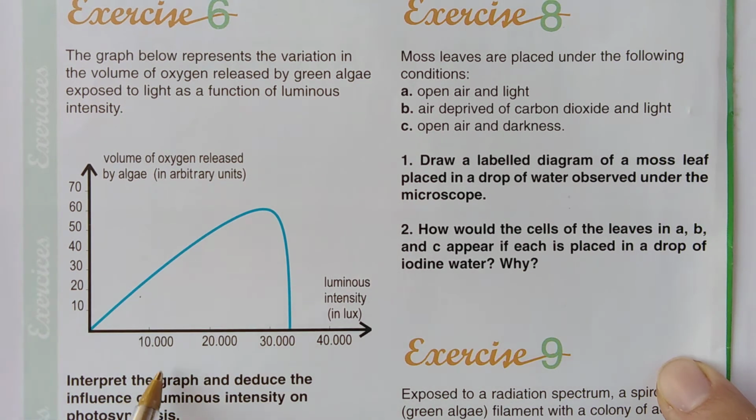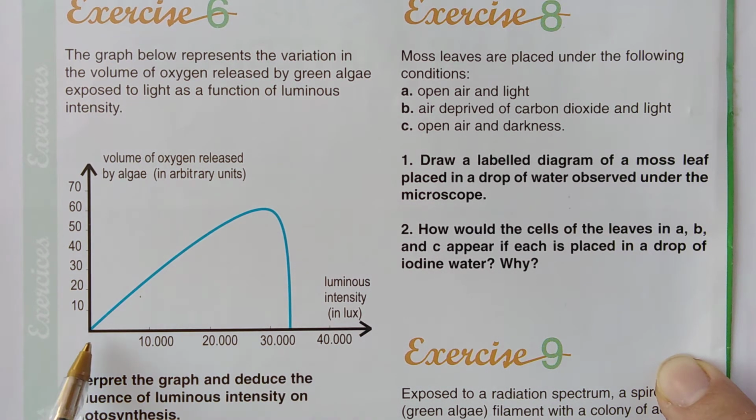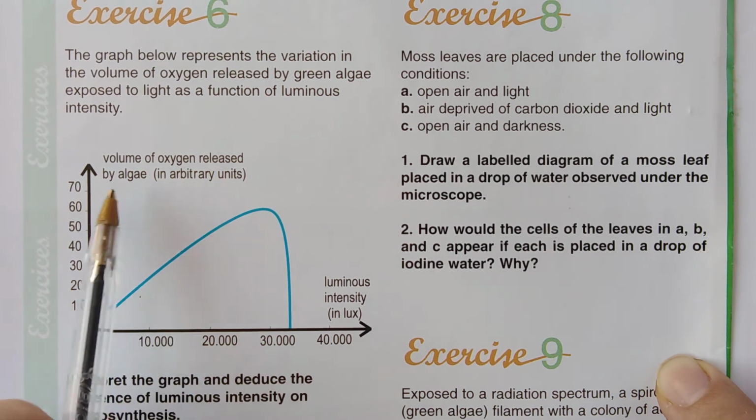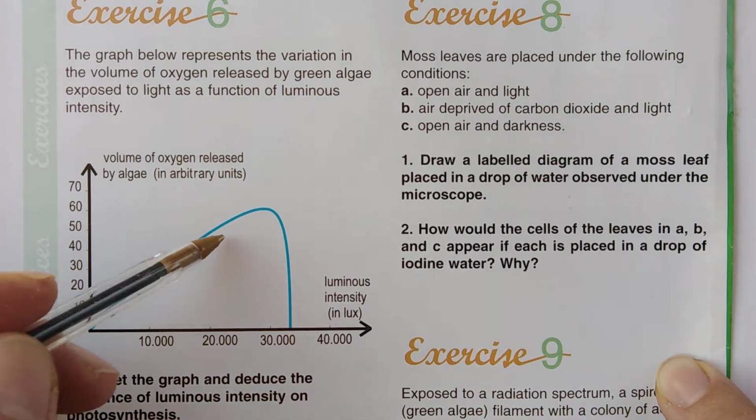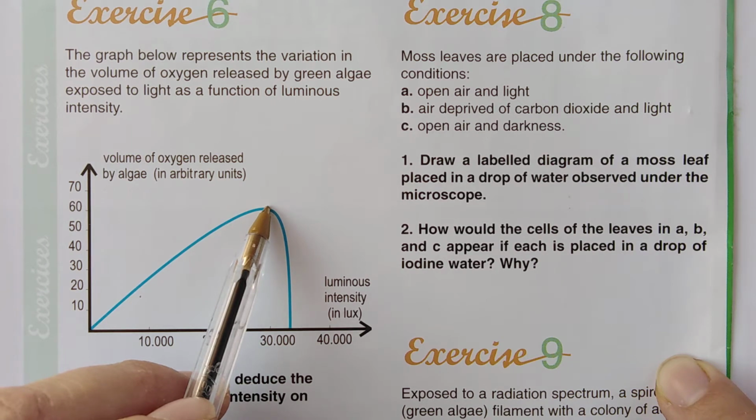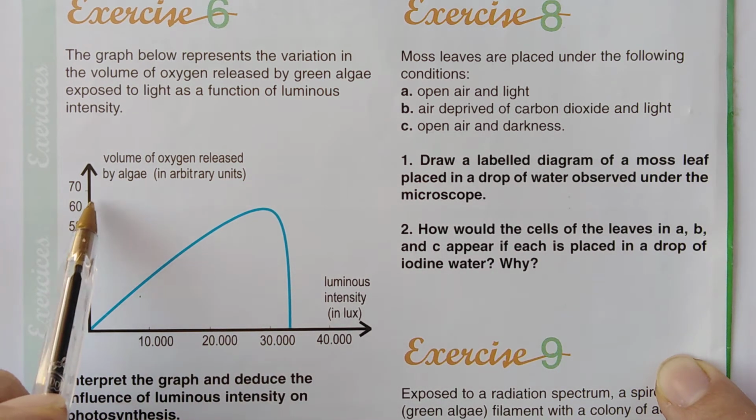The graph shows that as the luminous intensity in the unit of lux was increasing from 0 up to 30 thousand, the volume of oxygen released by the algae was increasing from 0 to reach its maximum of about 60 AU.